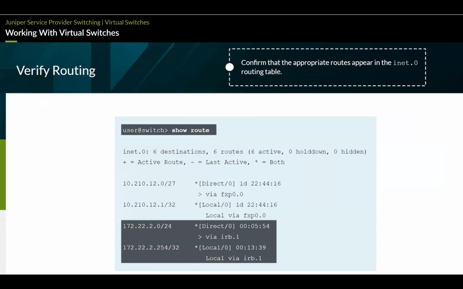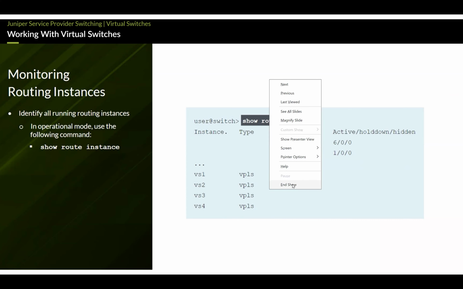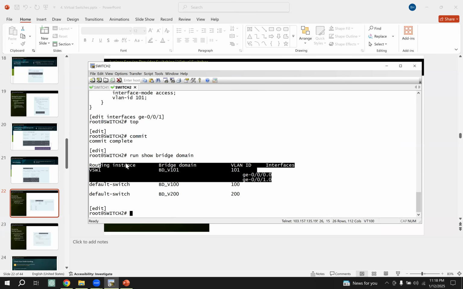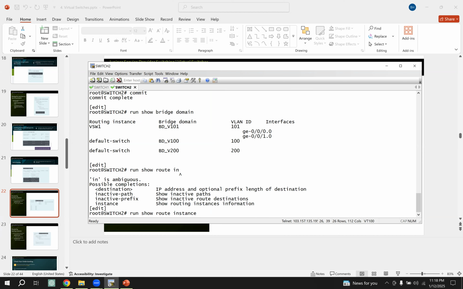Show route. If you configure the IRB interface, then you can get the route table. Show route instance. In route instance, you will get basically a single routing instance. And show route instance.